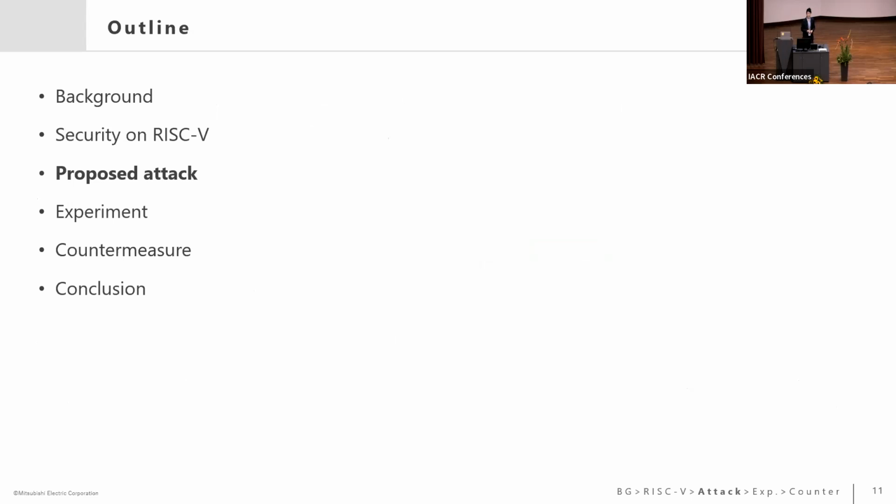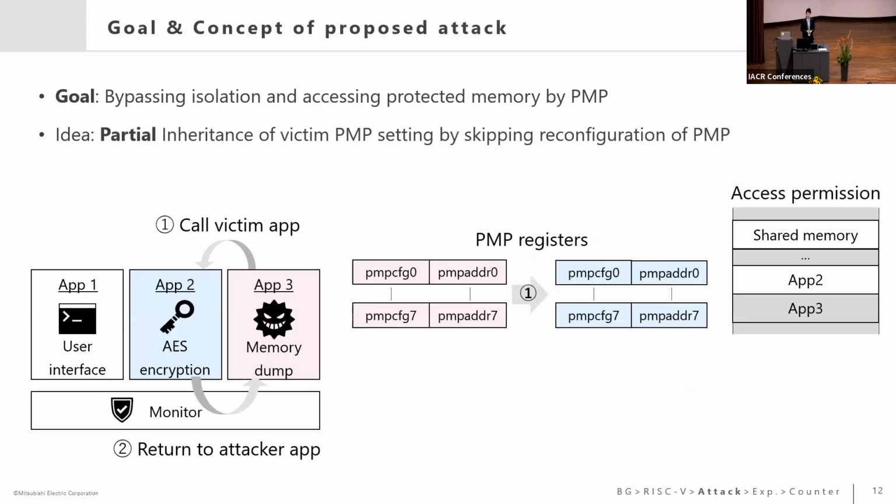Next, I'll present our proposed attack. The goal of the attacker is to bypass the isolation and access the memory area protected by the PMP. Our basic idea is to inherit partial permission of the victim's PMP settings by skipping the reconfiguration of the PMP. First, the attacker calls the victim application. At that time, the PMP changes along with the context.